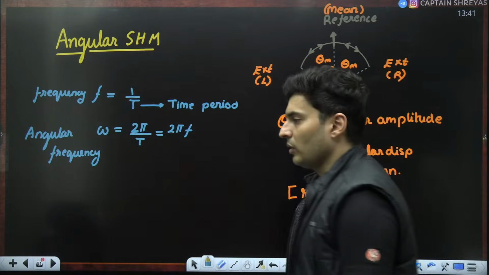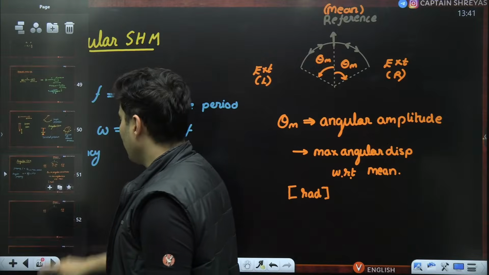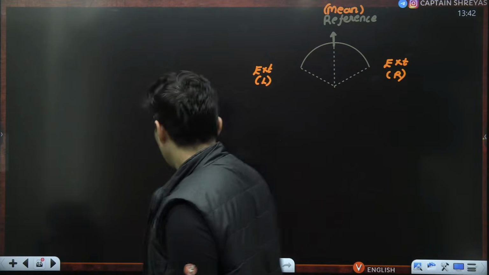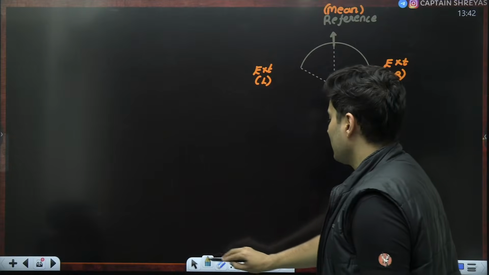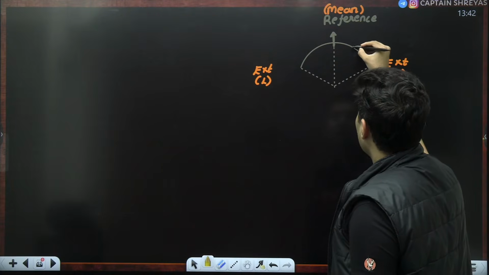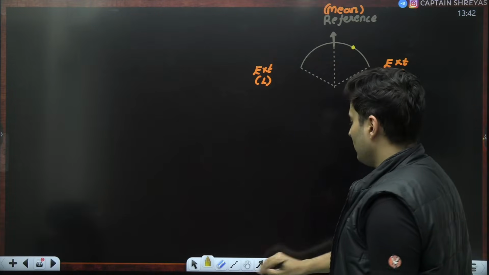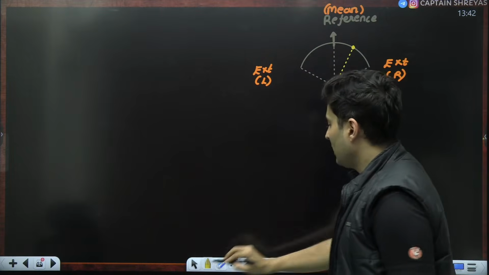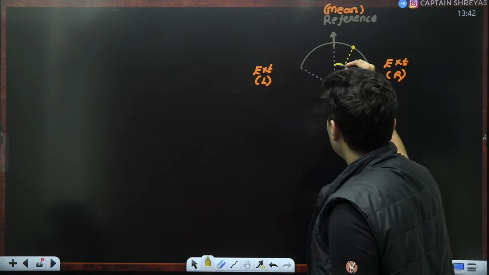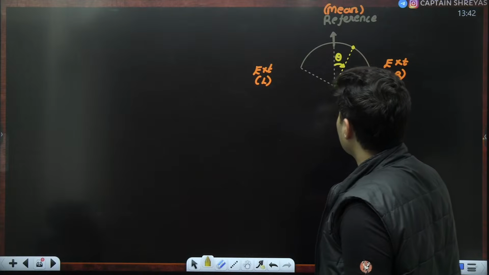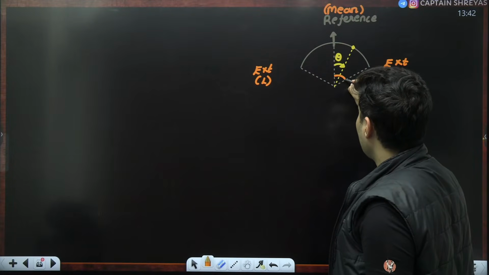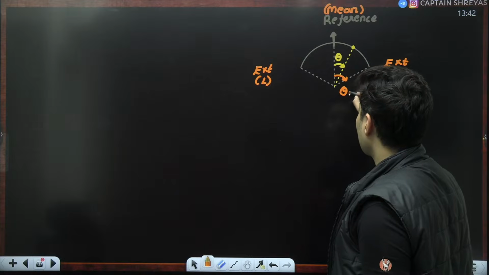Now additional formulas which look very, very similar as you saw in linear SHM. Observe this. If you are here at some random instant of time, and this is the angle which you have displaced. Remember, the total angle displaced maximum will be theta m.